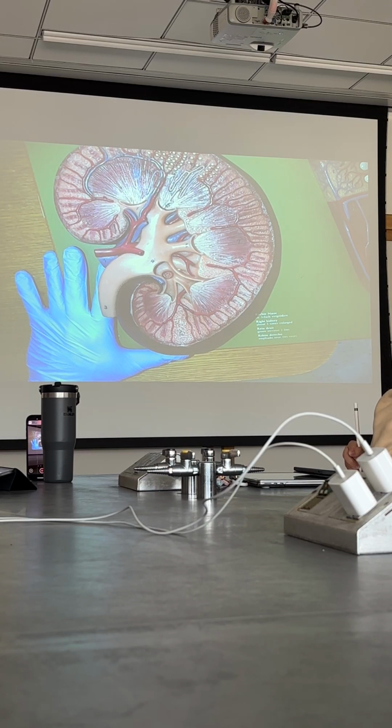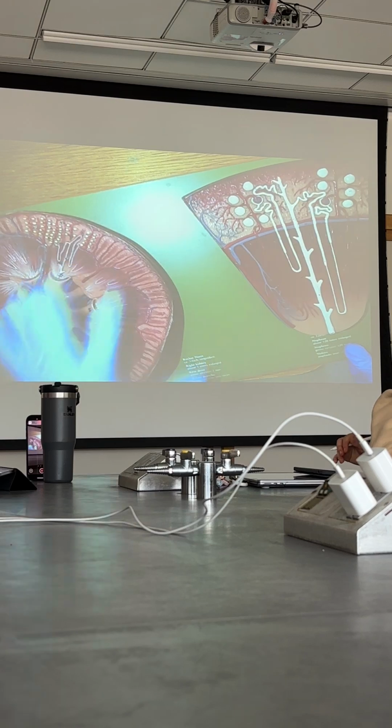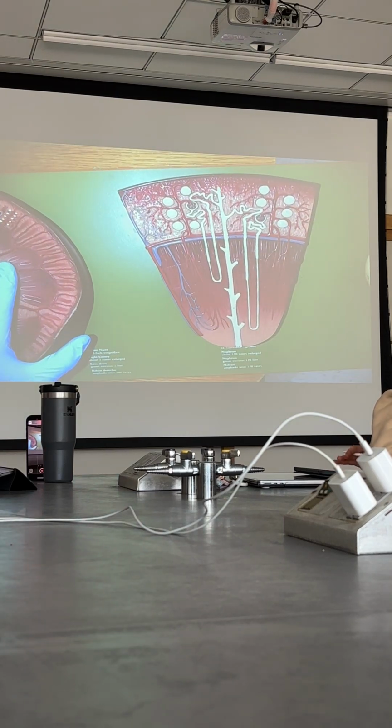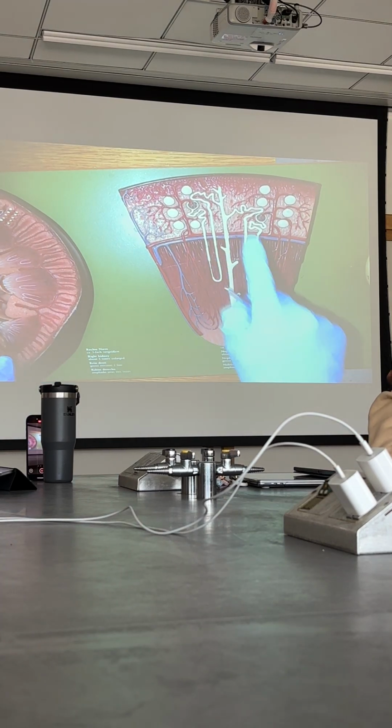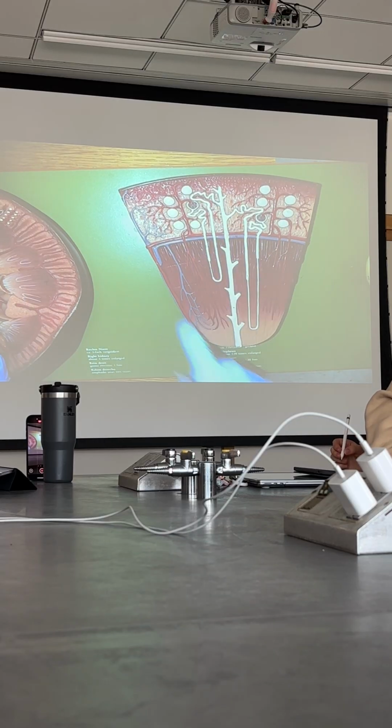All right, the nephron. So to talk about the nephron, I got to go to the second part of this model. So this is basically like a pyramid here, and they're showing you the two different types of nephrons that we talked about in lecture. This guy here is going to be a juxtamedullary nephron.